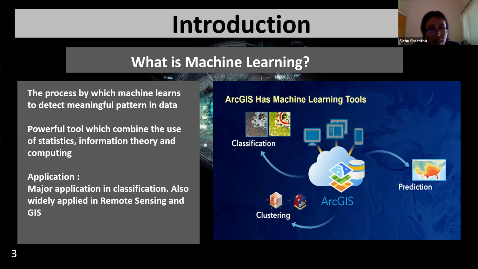Machine learning is applied in various fields, and the major application of machine learning is in classification. It is also widely used in remote sensing and GIS, and the recent version of ArcGIS software also supports some of the machine learning algorithms and tools.